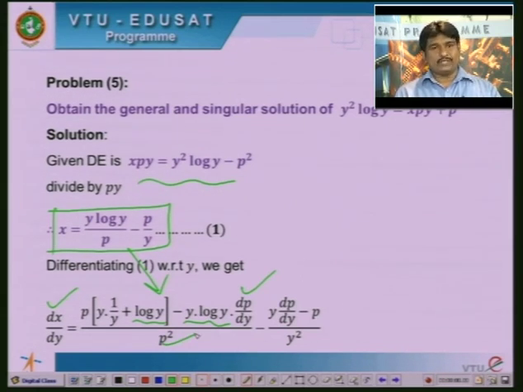This is the derivative of the first term, derivative of y log y by p, minus the derivative of the second term, again by the quotient rule: denominator y into derivative of numerator dp by dy minus numerator p into derivative of denominator, which is 1, divided by y square.